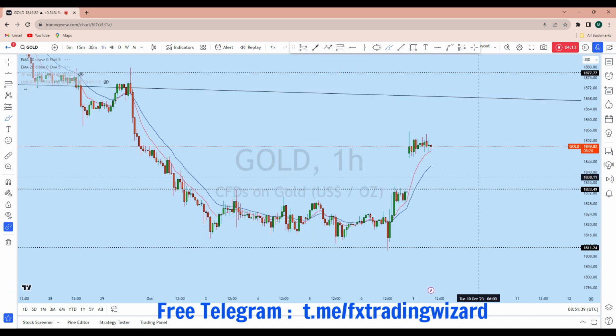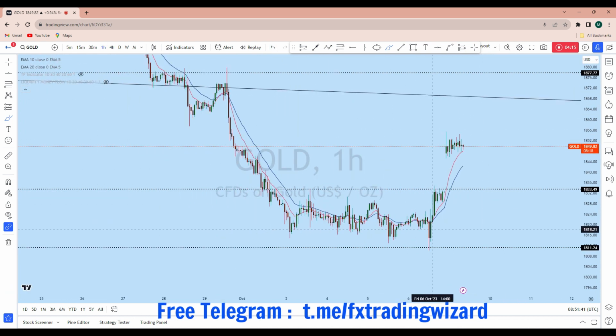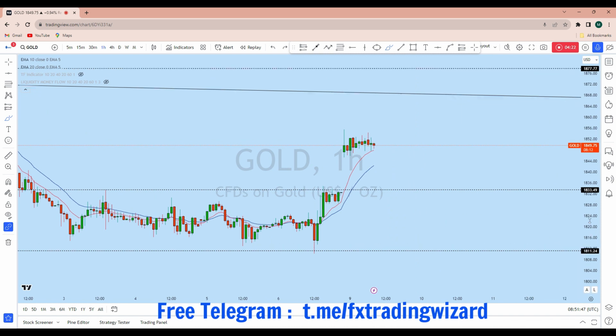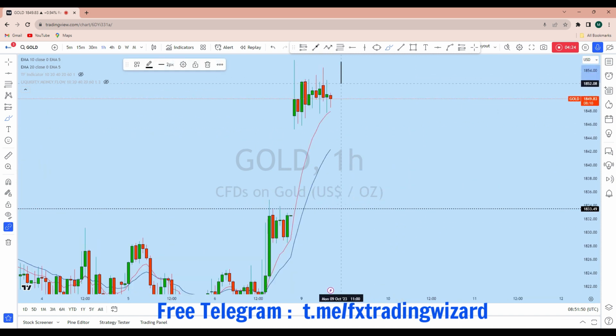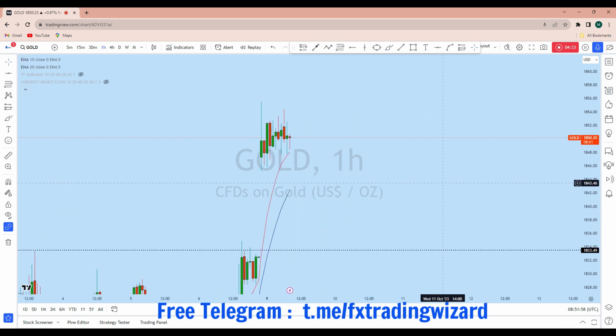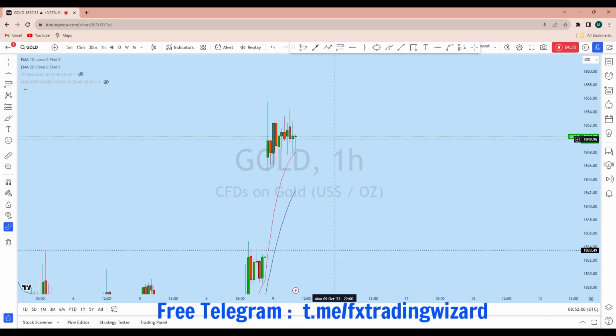If we look at the 1-hour chart, we see that the market is forming a consolidation pattern here, and I think that on the lower time frame we might see at any time a liquidity grab from the resistance and a sudden drop to this level. This is where we will be waiting for an entry opportunity, as the market is consolidating in that zone.